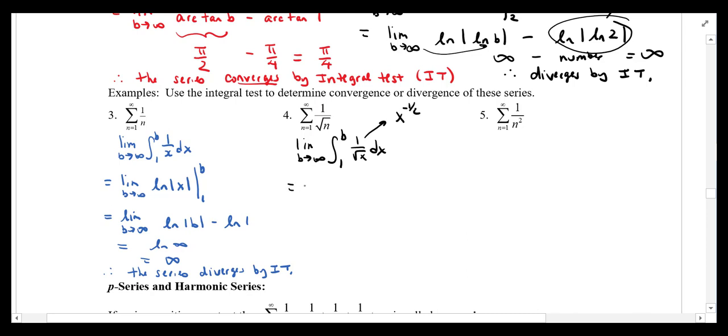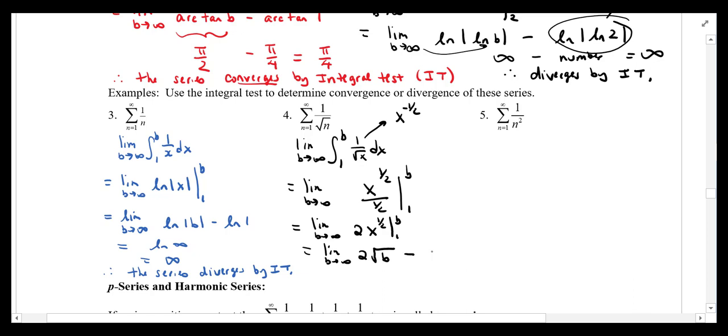So if I take the antiderivative using the power rule, x to the positive 1 half divided by a half, from 1 to b, or 2x to the 1 half from 1 to b, we get the limit as b approaches infinity of 2 root b minus 2. And if I plug in infinity here, this also becomes infinity. So therefore, this series diverges by the integral test.